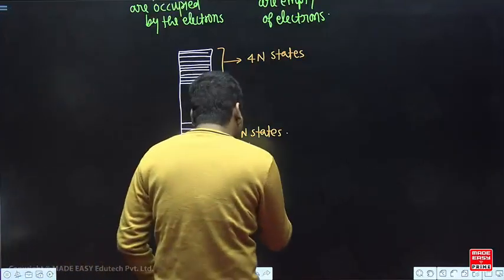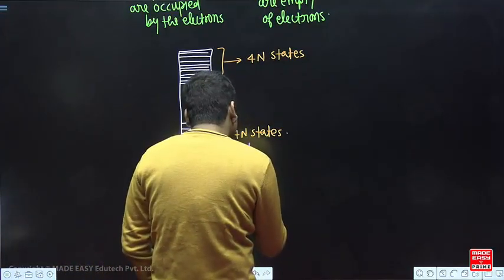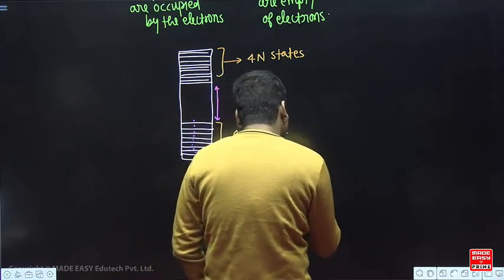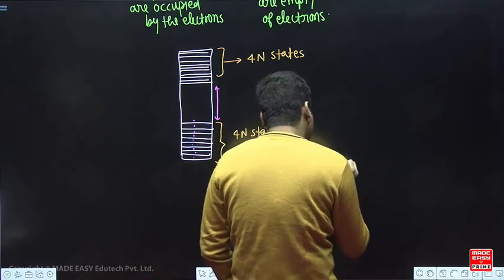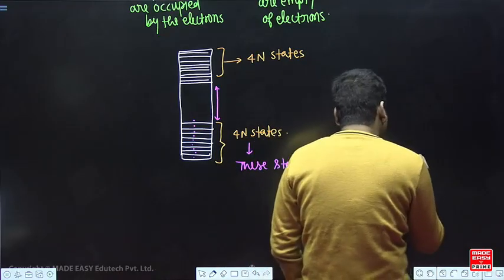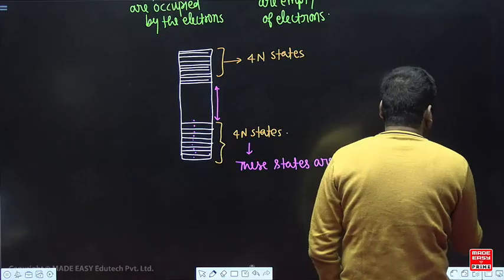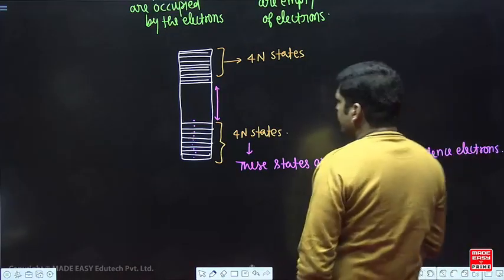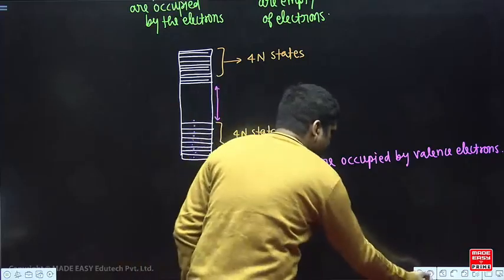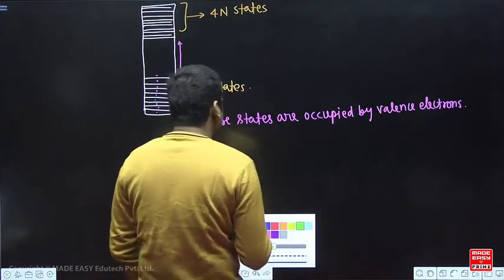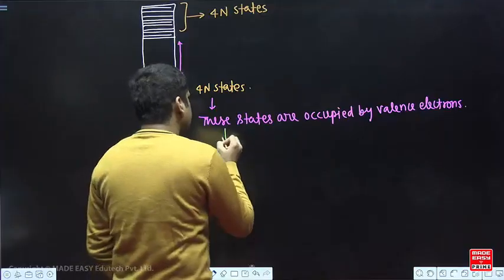So these 4n states are occupied by valence electrons. Since these states are occupied by valence electrons, this range of energy, this band of energy is known as valence band.